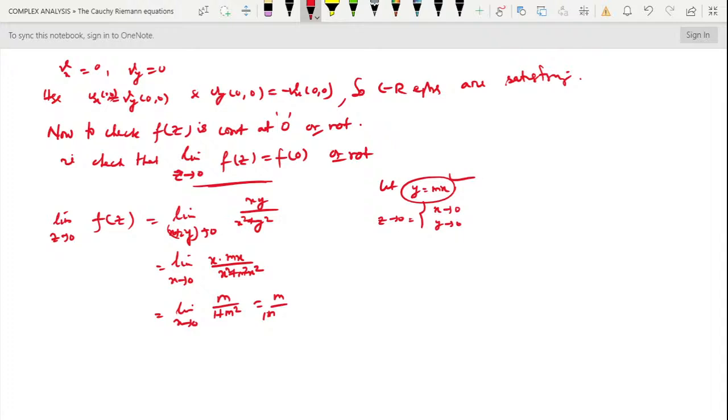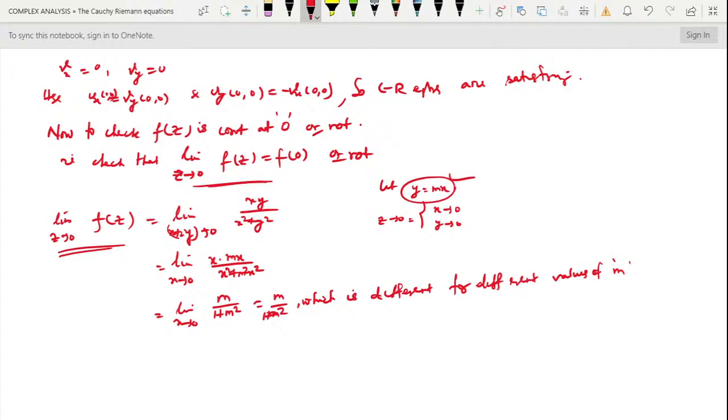So this is m divided by 1 plus m square, which is different for different values of m.